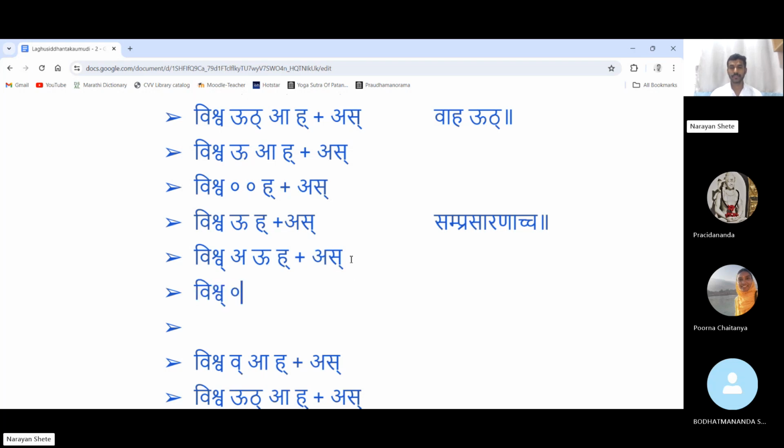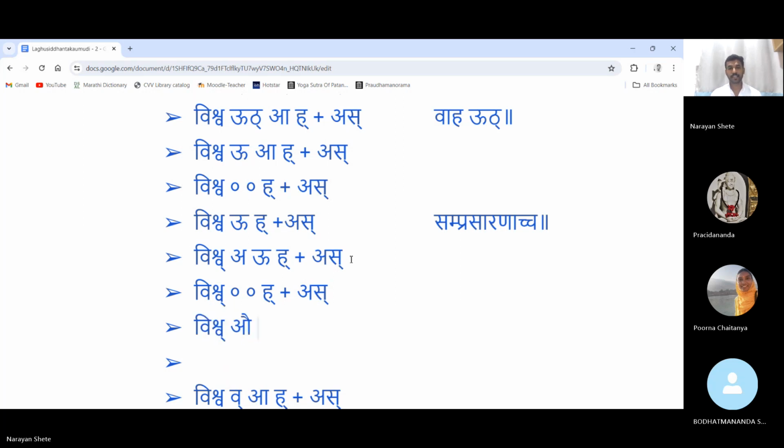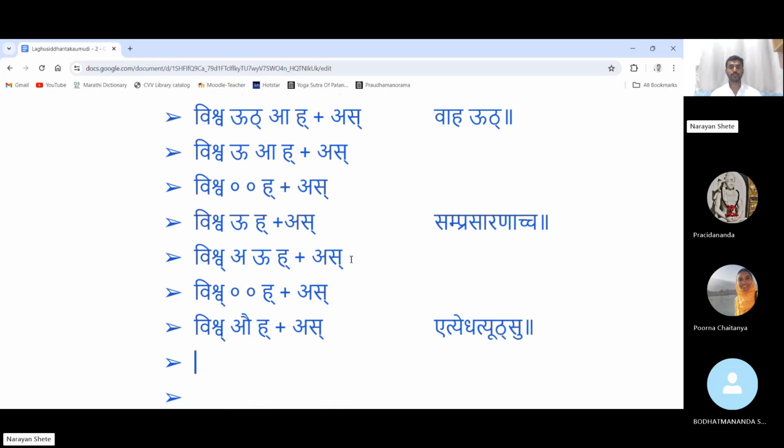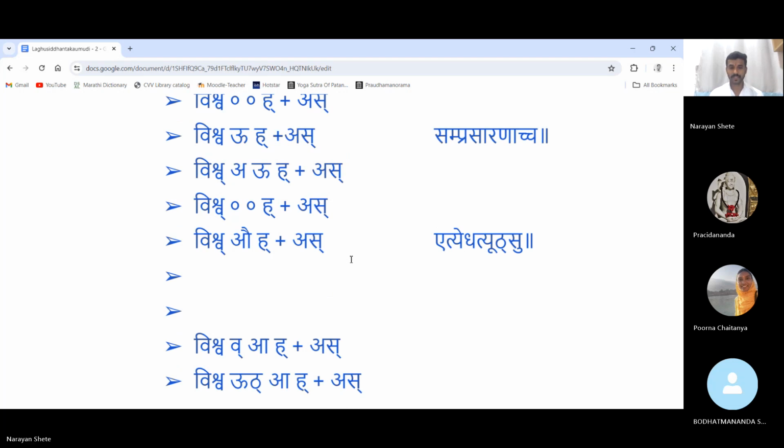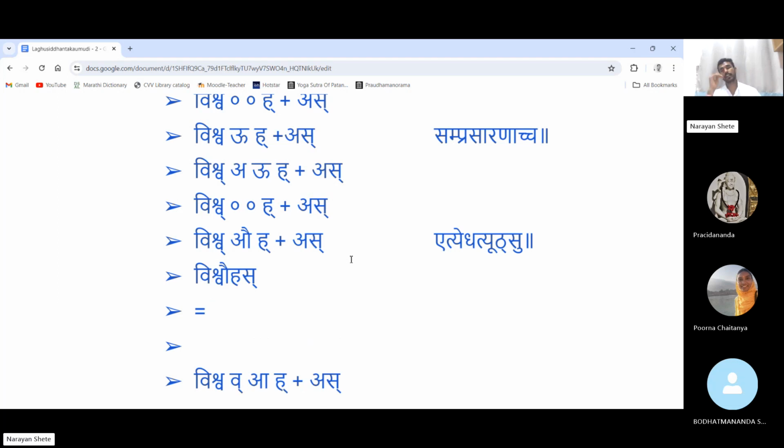A will disappear, u also will disappear, ha plus us. Vishwauhas is how the form is created. Then sakara turns into rakara, and rakara turns into visarga. We get Vishwauhah.